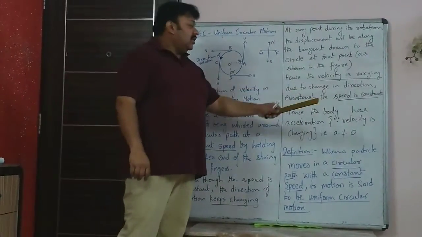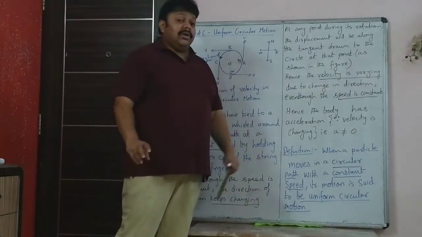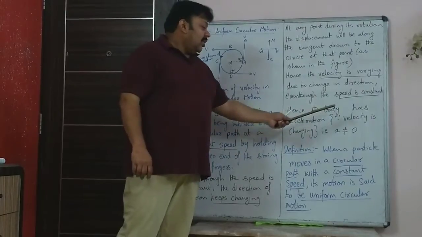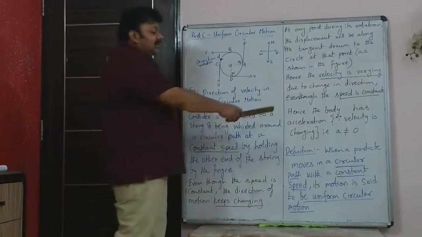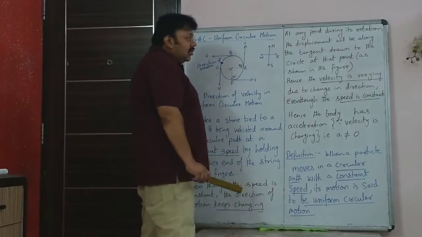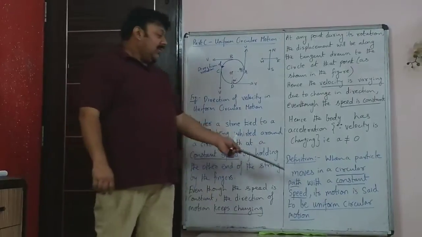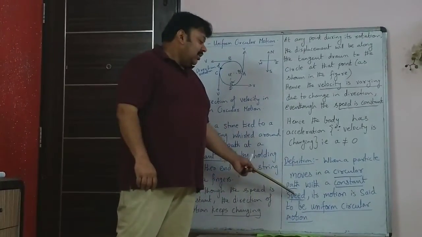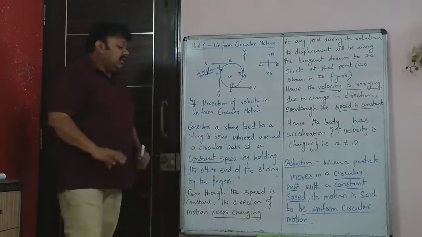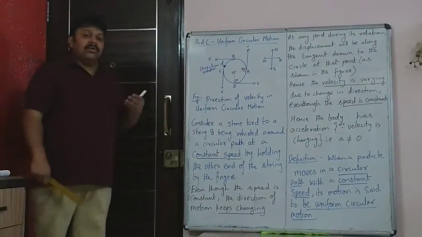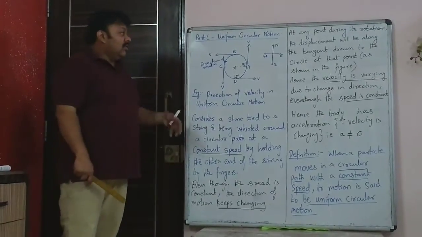Hence, the velocity is varying due to change in direction, even though the speed is constant. Hence, the body has acceleration because velocity is changing. That is, acceleration is not equal to 0. Now, definition of uniform circular motion. When a particle moves in a circular path with a constant speed, its motion is said to be uniform circular motion. So please note this down in your notebooks. We go on to the next part.